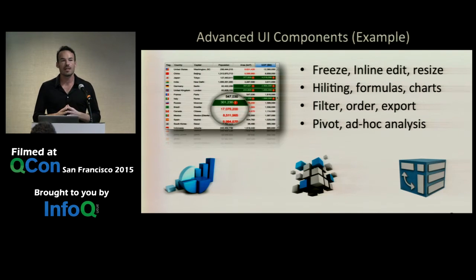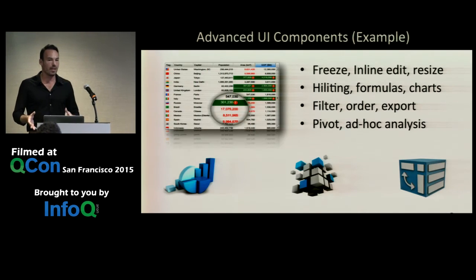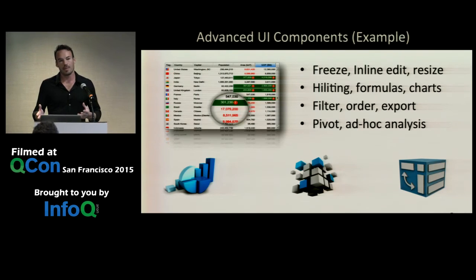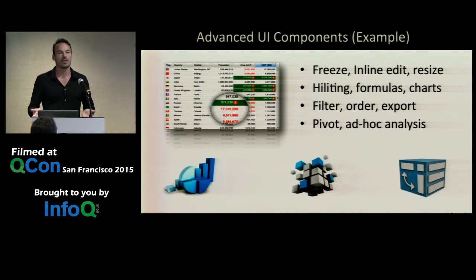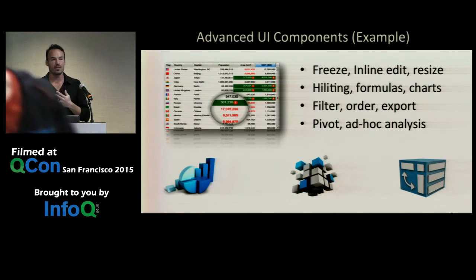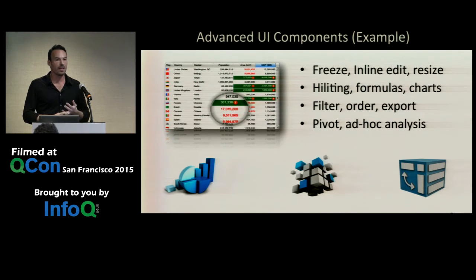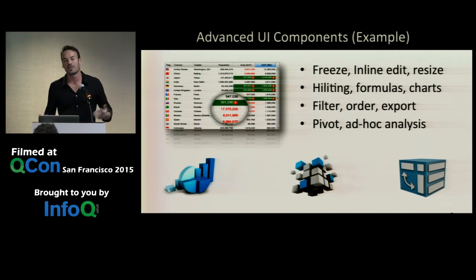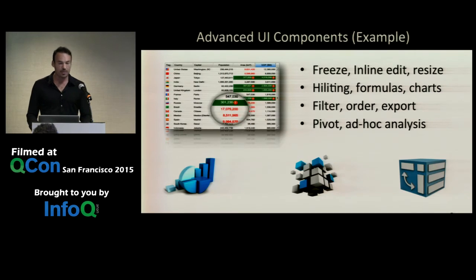The result ends up that when they actually ship and deploy the application, they get all this feedback from end users about features that are suddenly missing. The grouping and the freezing and the exports that we just saw. A lot of times developers don't realize that the end users were actually relying on these features, and so they get buried under a bunch of feature requests to replicate all these features that don't exist in the UI framework that they were using.